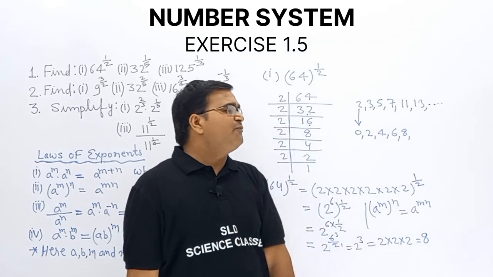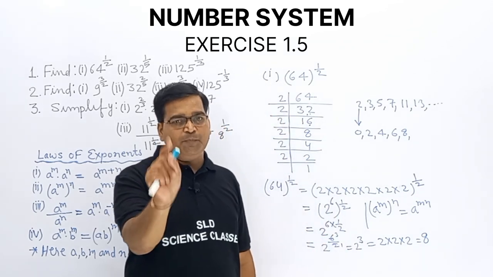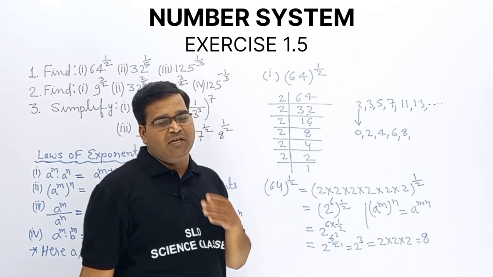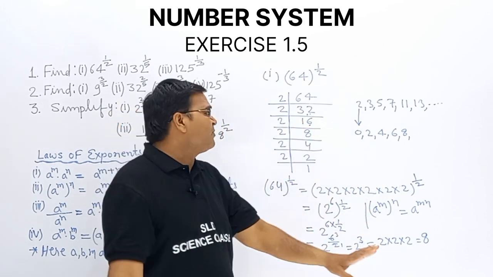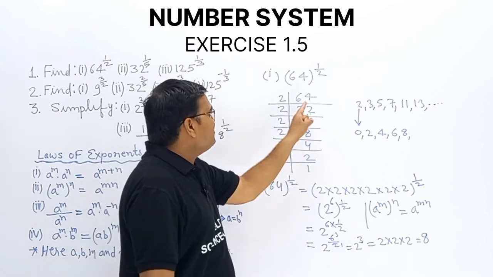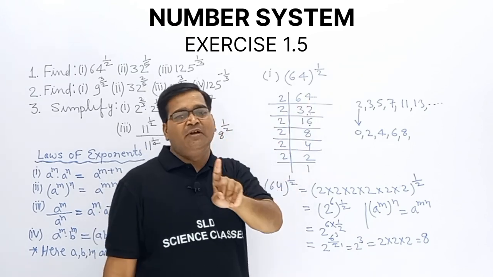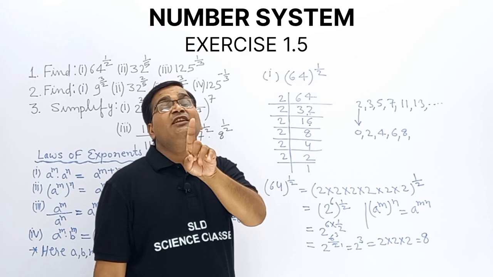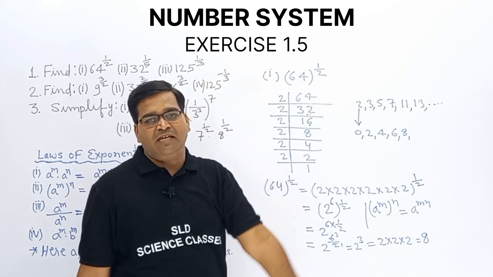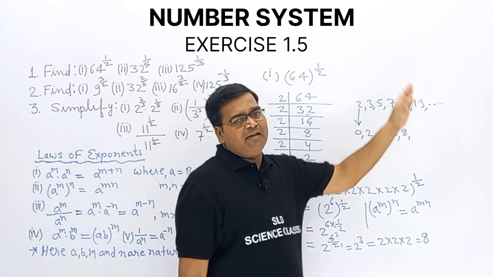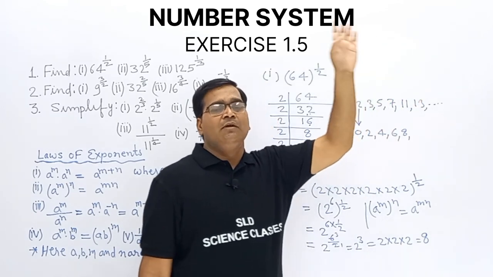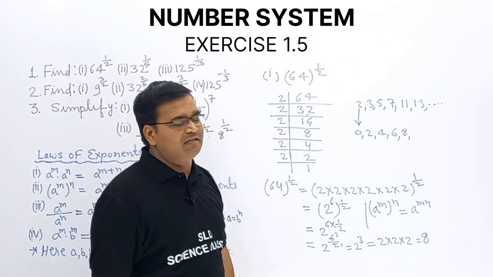For divisibility of 5, the unit place has 0 or 5, but we use 0 in the case of 2, so we will use only 5. If the unit place has 5, then we can divide by 5 without thinking. Clear? Then we will use 7, 11, 13, 17, 19, 23 and so on.